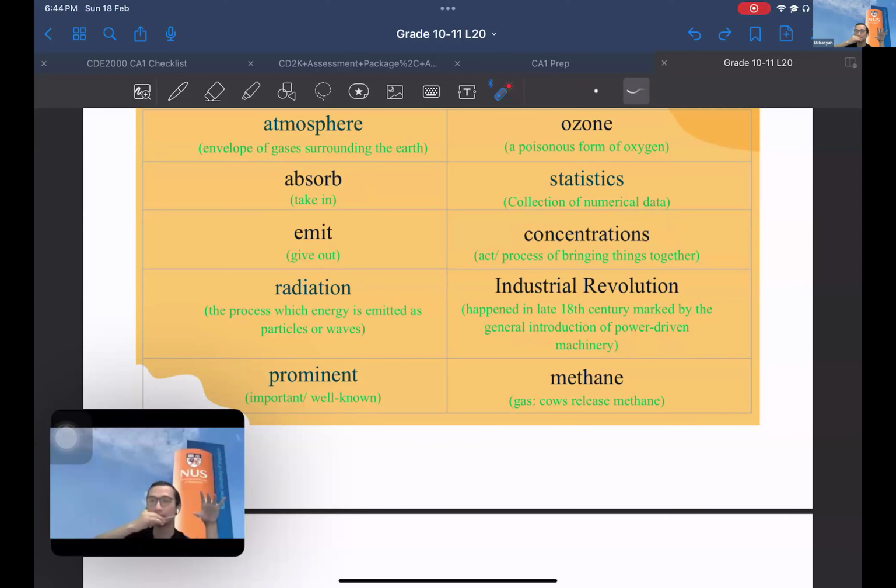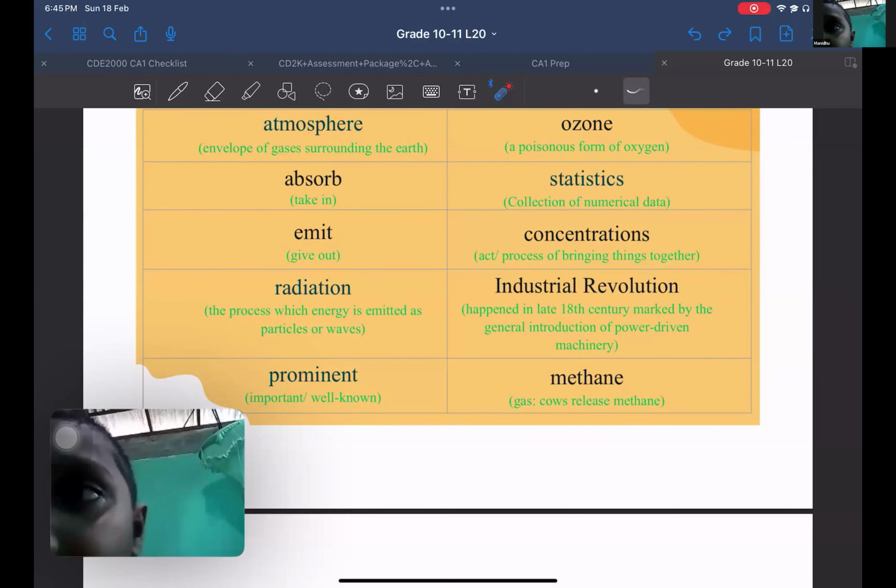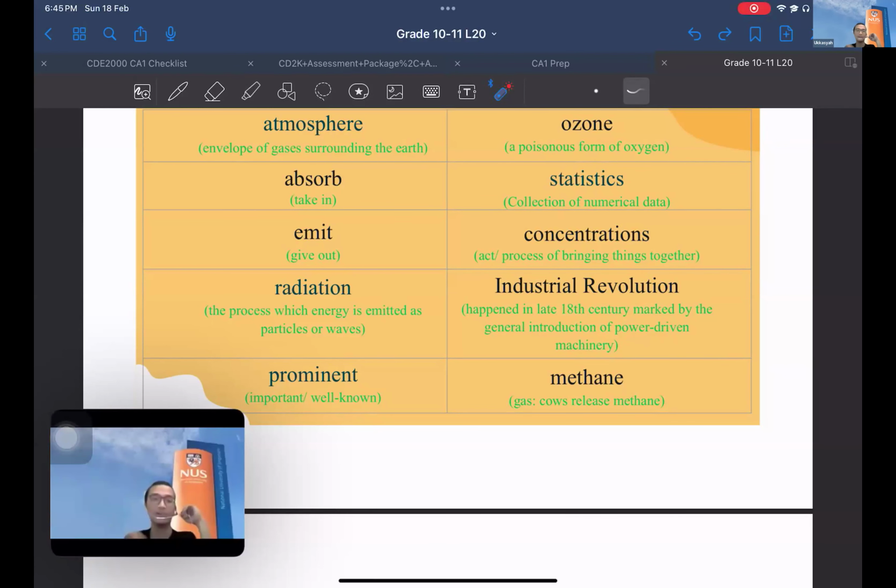So for example, the sun gives out radiation, it gives out energy, it gives out heat in the form of radiation, and that is why Earth doesn't freeze to death. That is why Earth can keep itself warm so that it is sustainable, so that it is conducive for human life, for life on Earth.